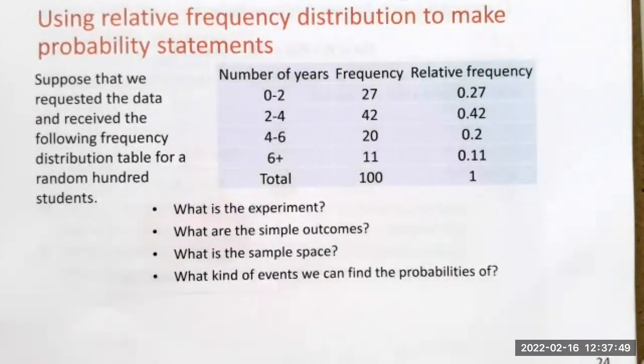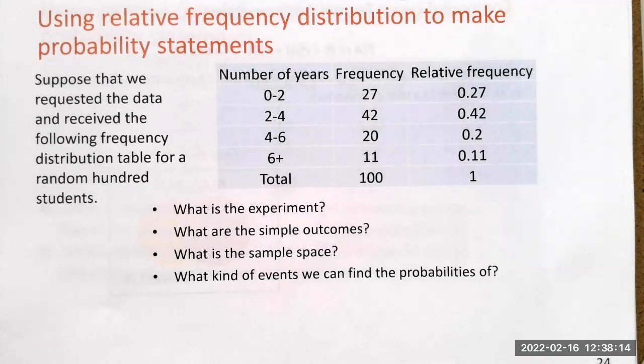In this video, we're going to discuss how to use frequency distributions to make probability statements. Let's say that we contacted the admissions office and requested information about students enrolled in a college and the number of years that they spent in college.